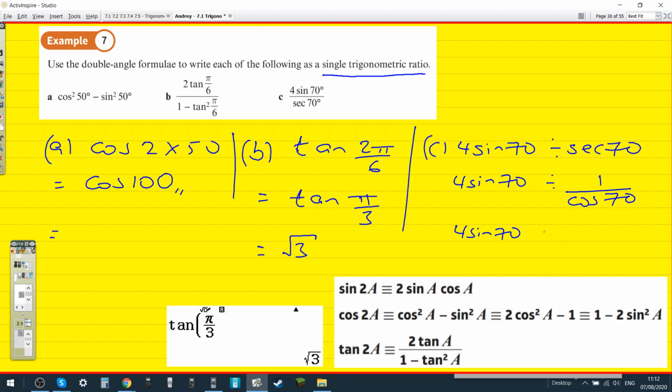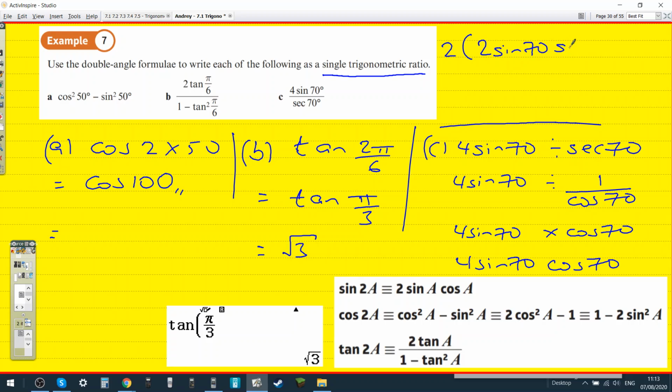And so that'll be 4 sine 70 times cos 70, which will be 4 sine 70 cos 70. It says single trig ratio. Is there one of these that it could be? I don't know, would I have to factorize 2 for 2 sine A cos A? Yeah. So if you factorize out 2, you get 2 sine 70 cos 70.